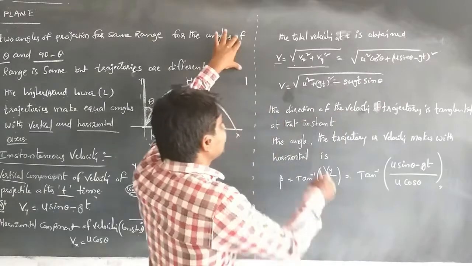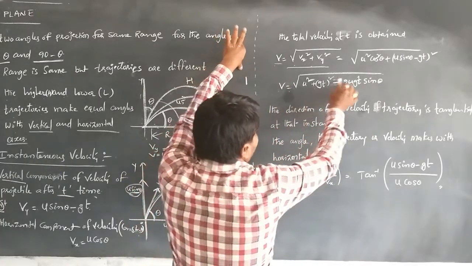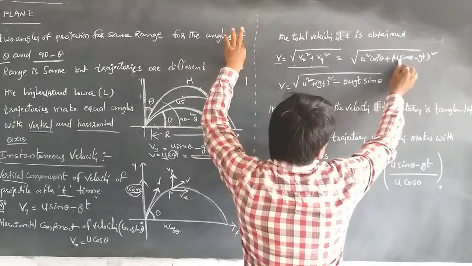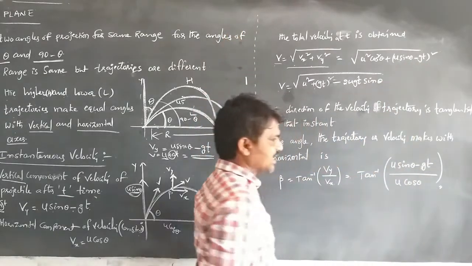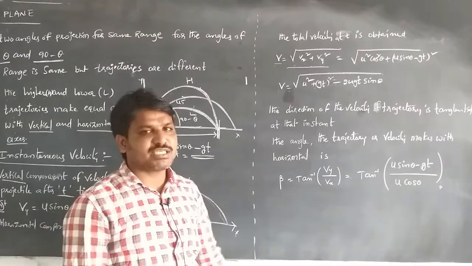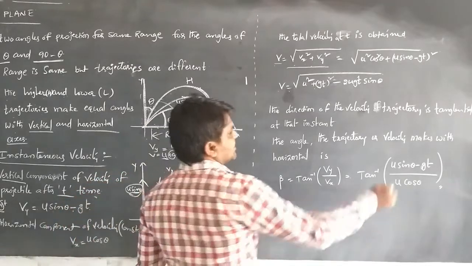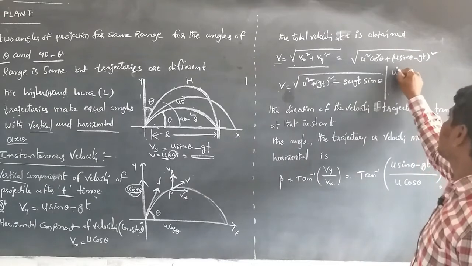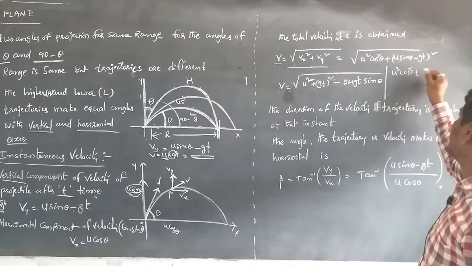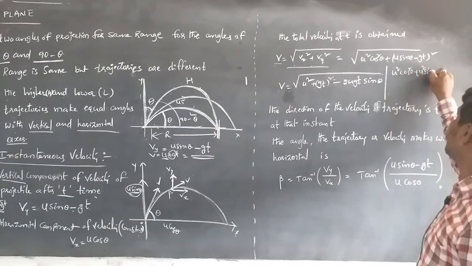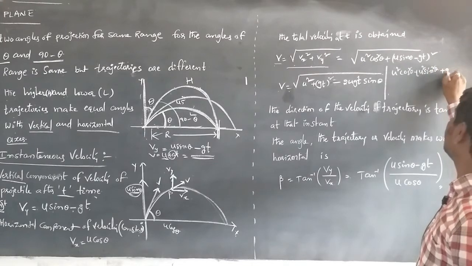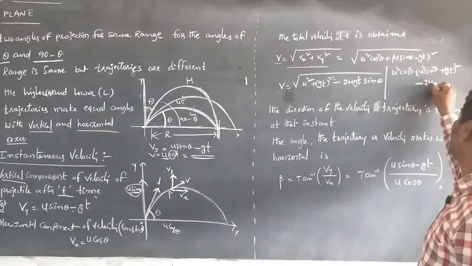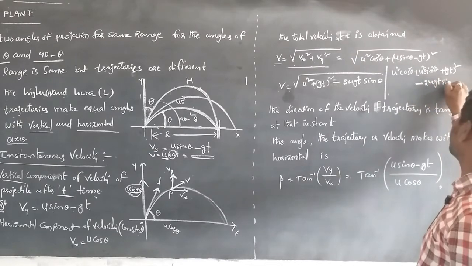Expanding this like the a minus b whole square formula, v is equal to root of u square cos square theta plus u square sin square theta plus g square t square minus 2u gt sin theta.